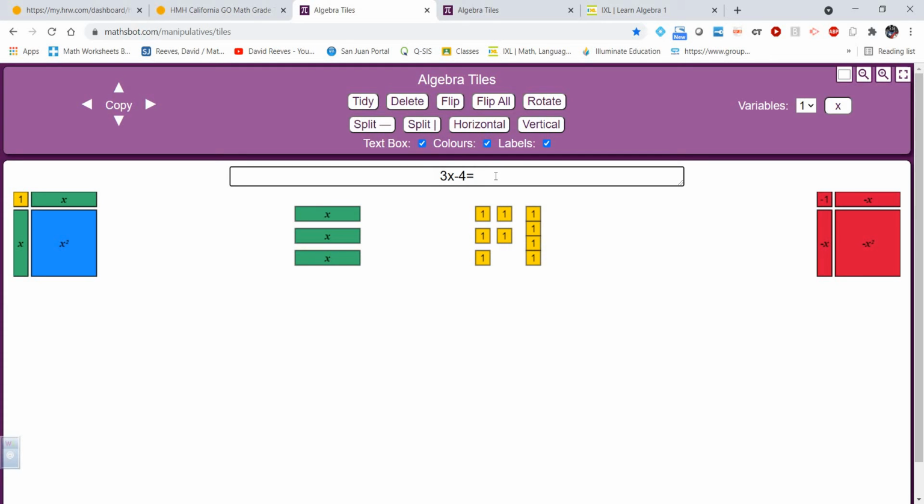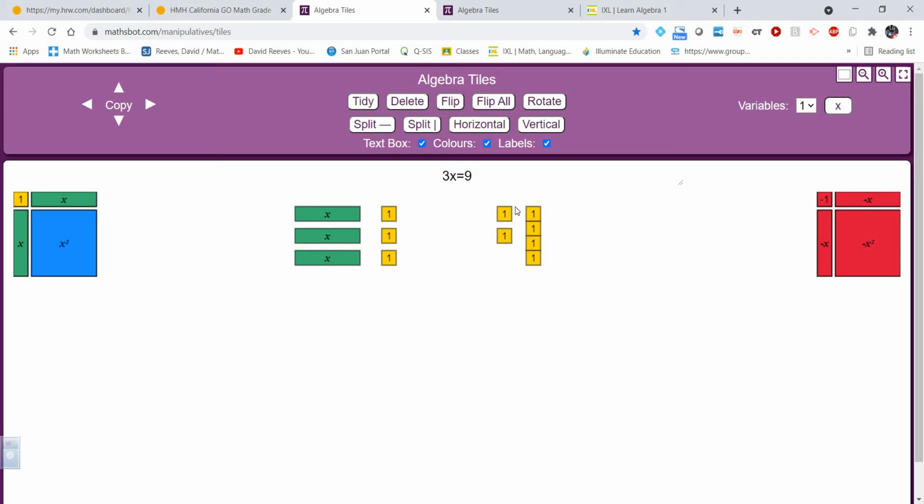So if I come up here and change this, it's now 3x equals 9, all right? So now I need to divide that into 3 equal parts. So what I'm going to do is take these 9 and divide. Dividing with algebra tiles, or dividing with anything physically actually, means putting into equal groups.